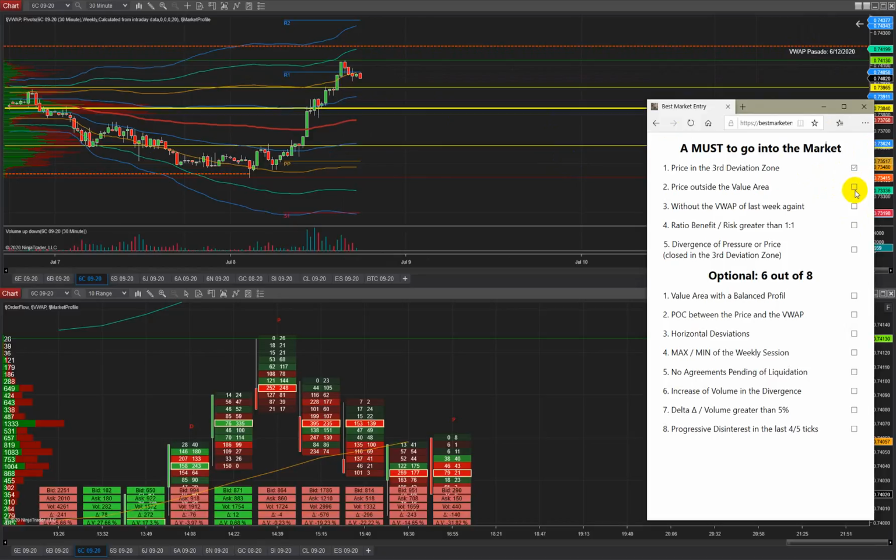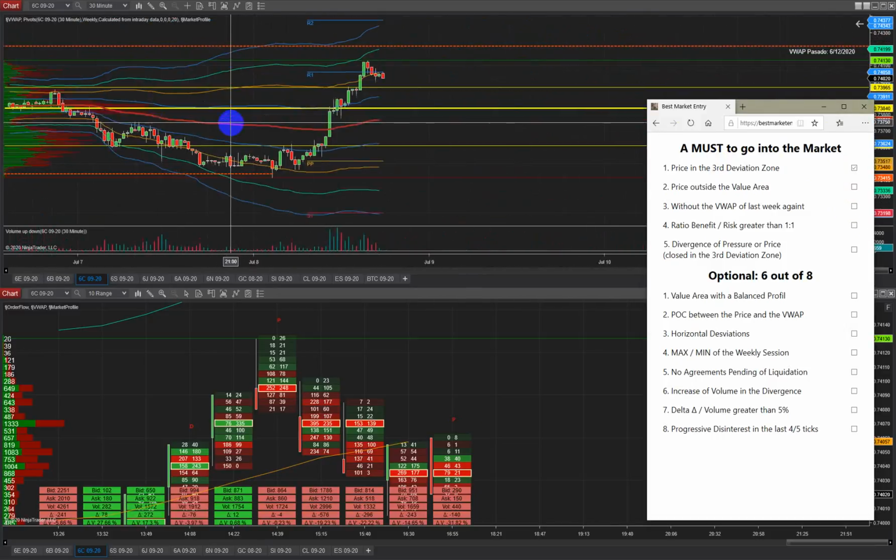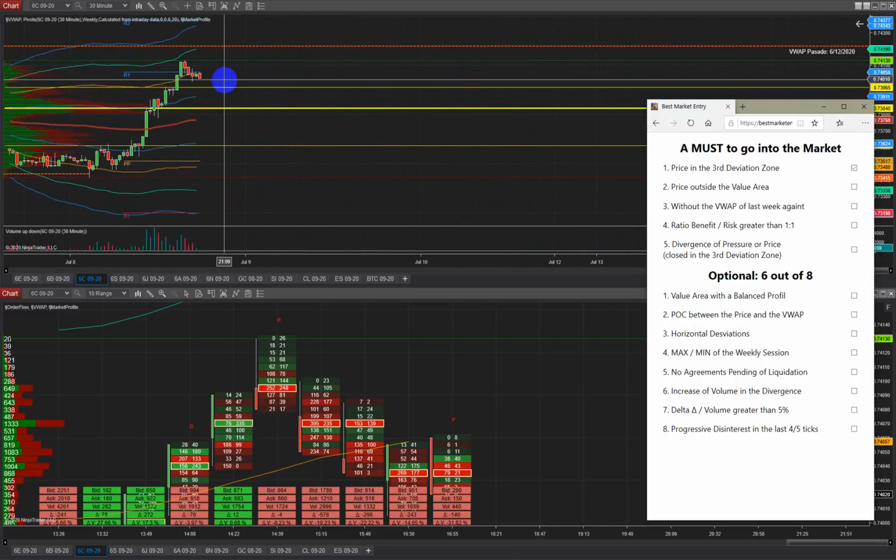The price is outside the value area, without the VWAP of last week against us, because the VWAP of last week is this one. So in some way we could have taken it, though I wouldn't take it with that VWAP so short. But it's okay. Let's say that we take it. Price outside the value area, without the VWAP of last week against us.